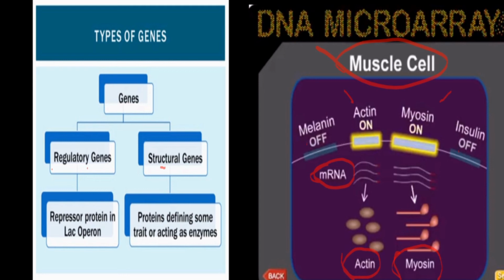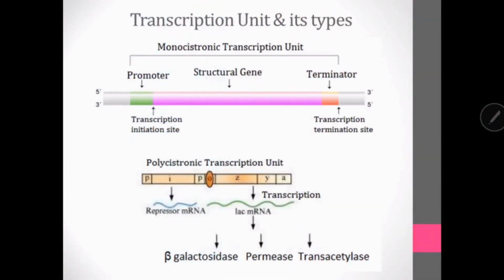Why? Because this is under the control of the regulatory gene. In this way a particular organ is responsible for secretion of a particular protein. So actin and myosin act as structural genes, and melanin and insulin are off, which is under the control of the regulatory gene.